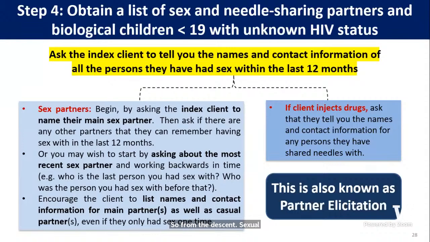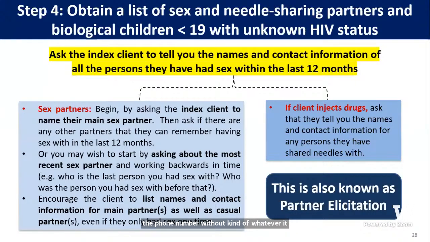Try to make an exhaustive list, just to make sure everyone with whom the index case had sexual contact is listed, even if it was a casual partner, or with condom or without condom, whatever it may be. Just make sure the list is prepared.